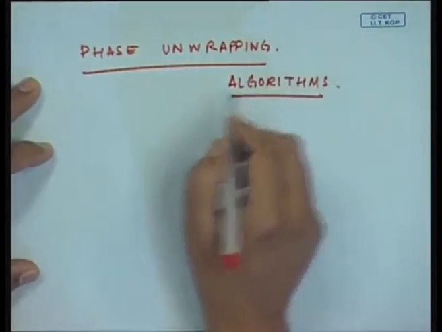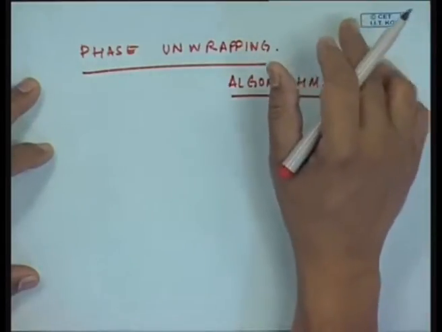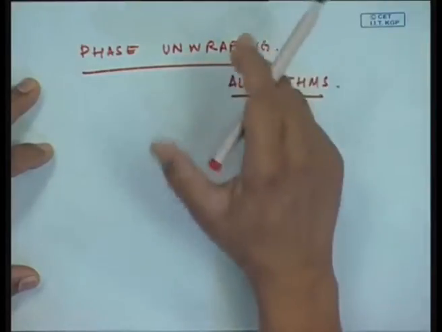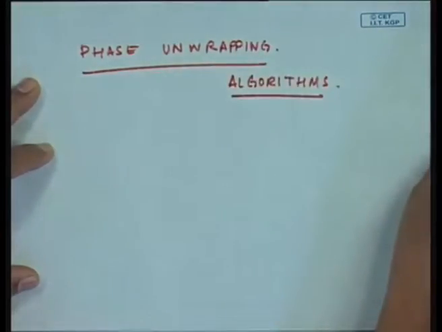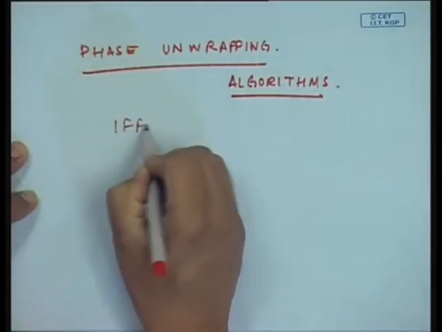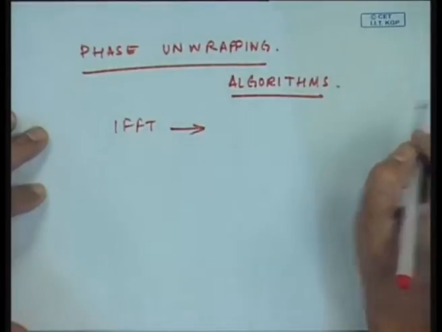Once I have this real and imaginary part of the frequency spectrum converted, the real part being the logarithm of the amplitude and the imaginary part being the continuous phase, I do the inverse Fourier transform to go back from the frequency domain to the time domain.